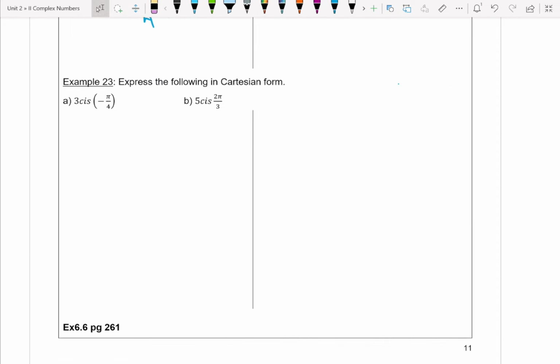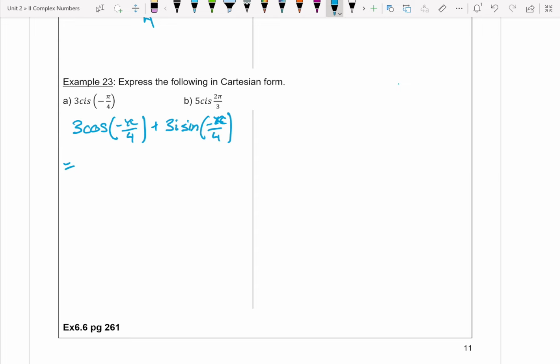And last question for this video, express the following in Cartesian form. So we want to expand it into cosine plus i sine theta. Our first one, we've got 3 cosine negative pi on 4 plus 3i sine negative pi on 4. So cosine of pi on 4, that's 45 degrees.